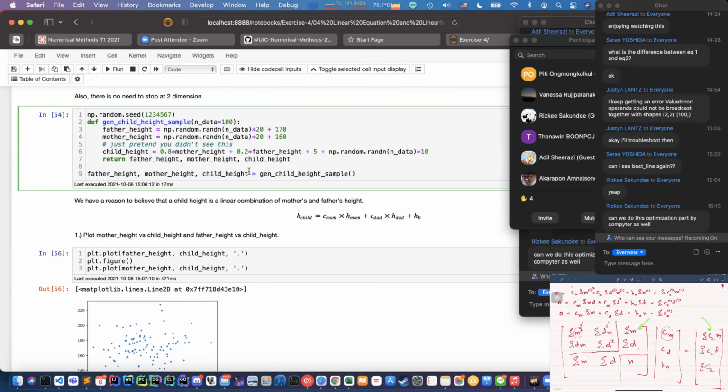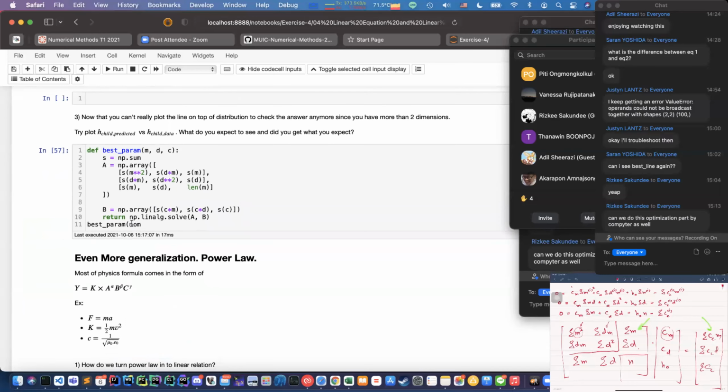And then you do base param and arms height. I put the mom first, but here I put the father first. This is actually what they do when they try to predict condominium prices.